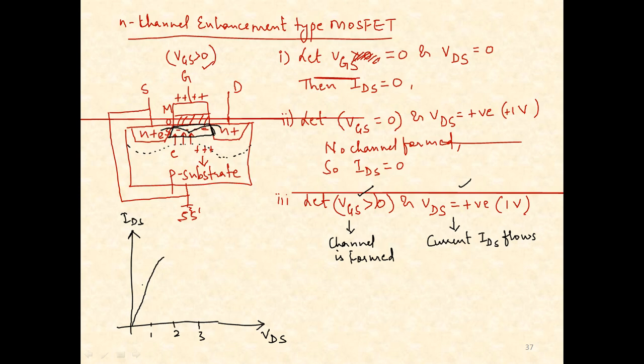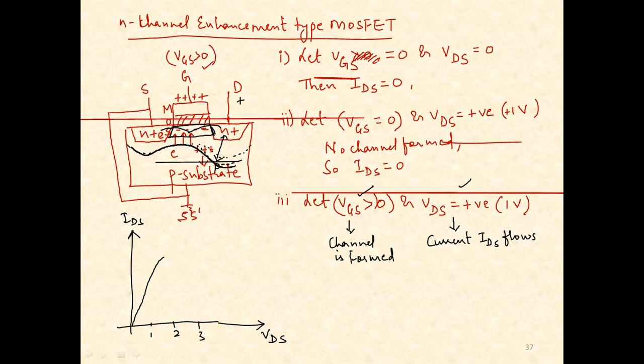But when this current increases, what will be happening to the shape of this particular channel? Please concentrate, the shape now changes. As VDS increases, I am applying positive voltage at the drain end, which means there is a PN junction here. This is of P type and this is of N type. So it is getting more and more reverse biased, and the shape of the depletion region also changes like this, it increases.